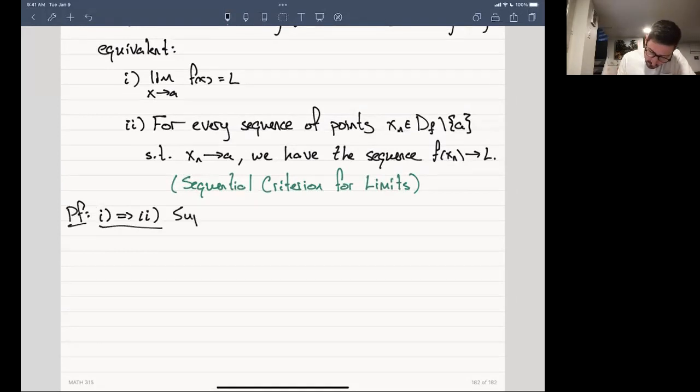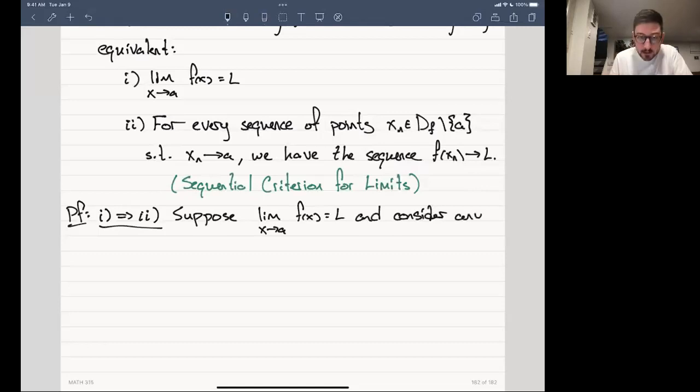So suppose that the limit as x approaches a of f of x is equal to L. Now remember, that is just shorthand for that huge definition that we started with today. And consider any sequence x_n which belongs to the domain but is not equal to a, such that x_n approaches a as n goes to infinity.